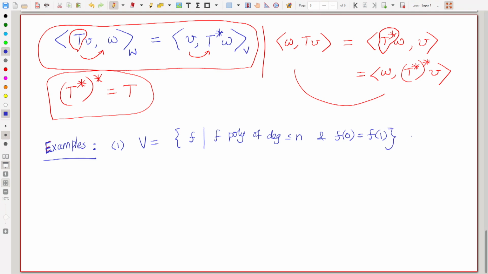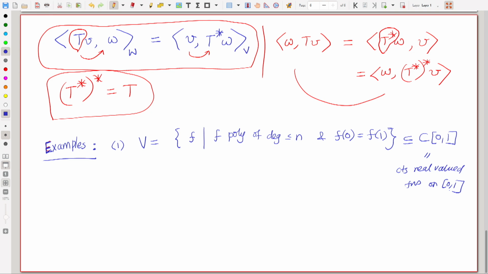Remember we talked about the set of all continuous functions on 0 1. So C01 is, let's say, all continuous real valued functions. Okay, so you take the vector space of continuous real valued functions on 0 1. That's of course an infinite dimensional vector space, right?